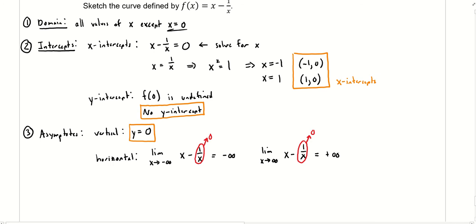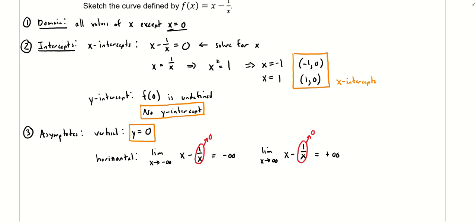So technically, when we're talking about asymptotes and we get a number that is not finite, so we get either positive or negative infinity, we usually say that means there are no asymptotes of that type. So the horizontal calculations here for these limits are negative and positive infinity. Another way we can say that is there is no horizontal asymptote.